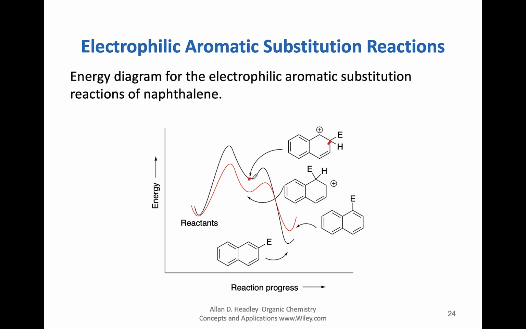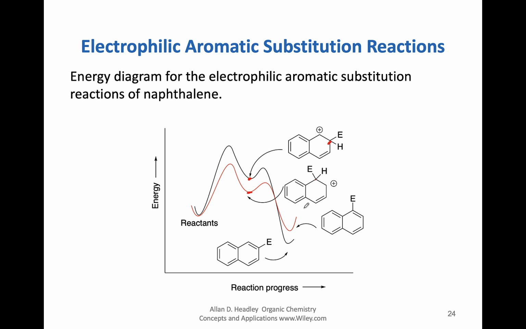Not as stable, because this charge here is localized and it can only be delocalized by destroying this aromaticity. Putting the electrophile in the alpha position generates a stable intermediate because this charge here can be delocalized using these electrons.